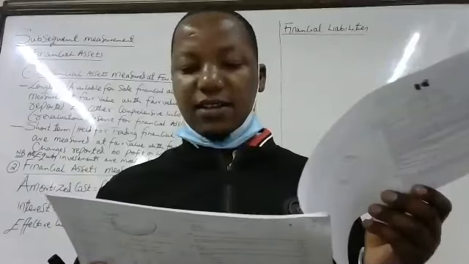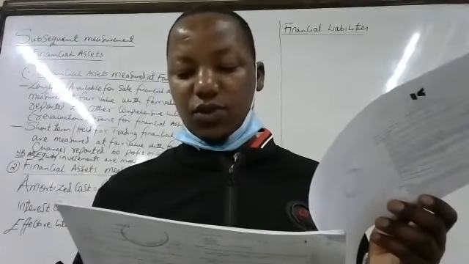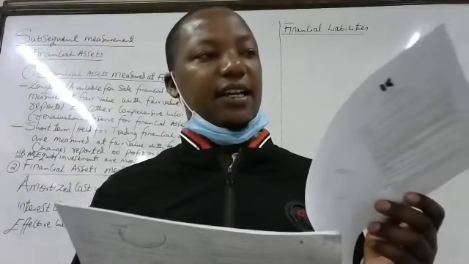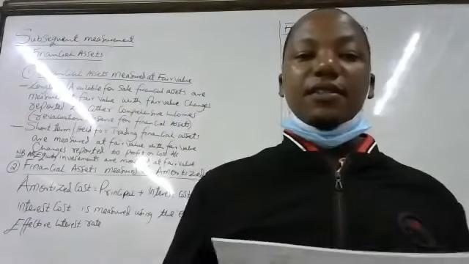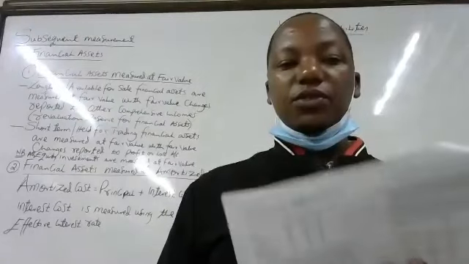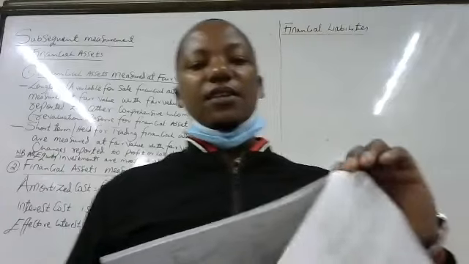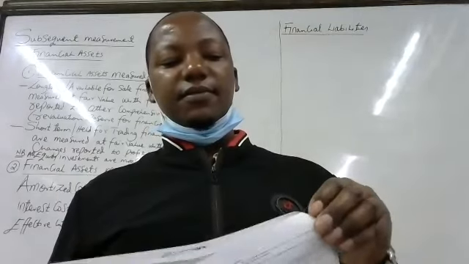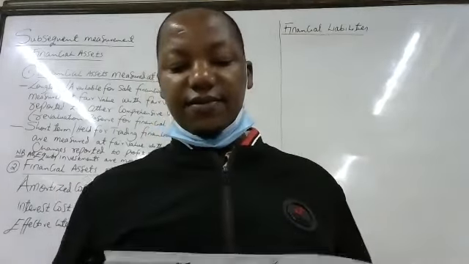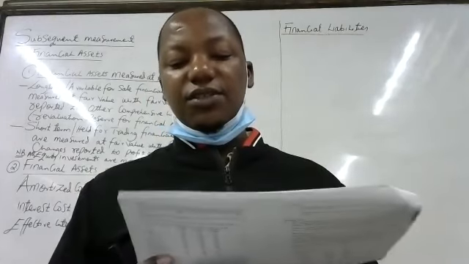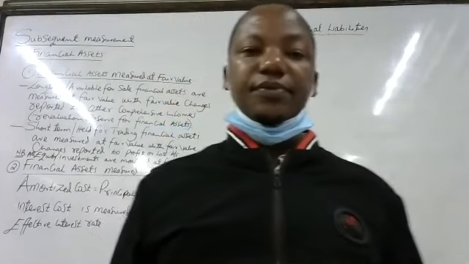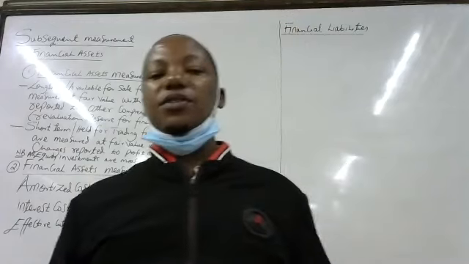And let us look at what was done last sitting. Question 5A. Last sitting, question number 5, part A. There we have a financial instrument question.